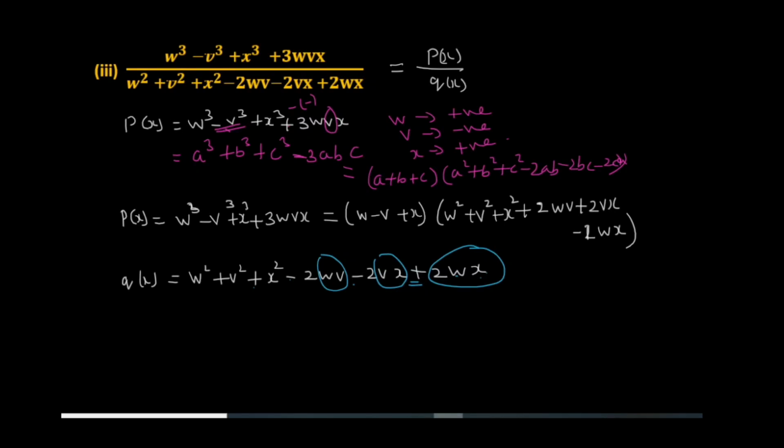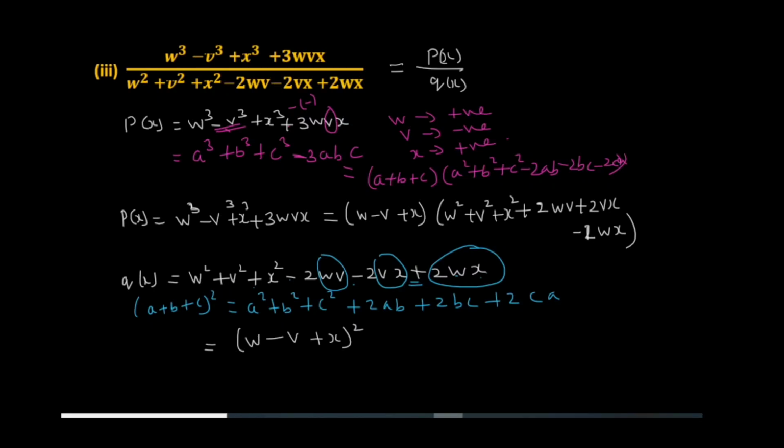Using our identity, a plus b plus c the whole squared is a squared plus b squared plus c squared plus 2ab plus 2bc plus 2ca. Here v is negative and w and x are positive, so our q of x factorization is w minus v plus x the whole squared.